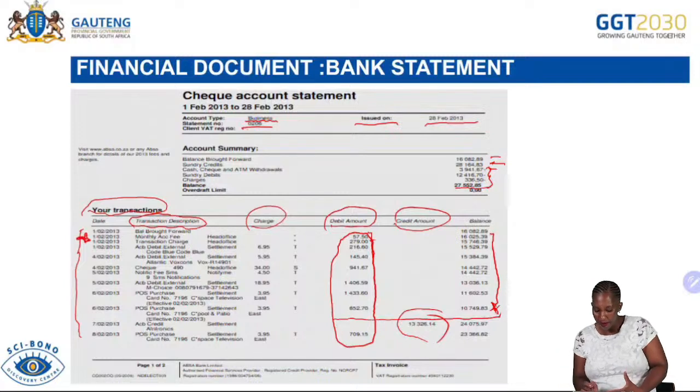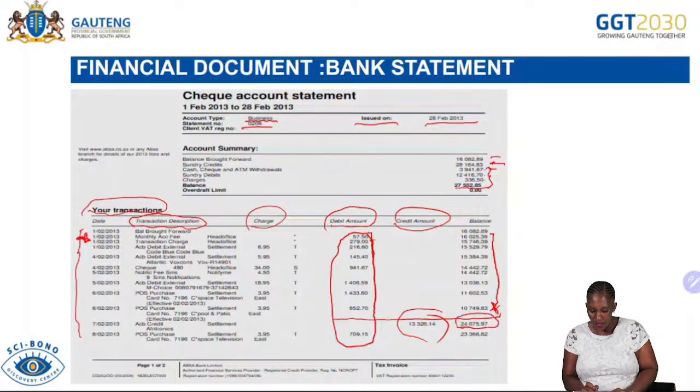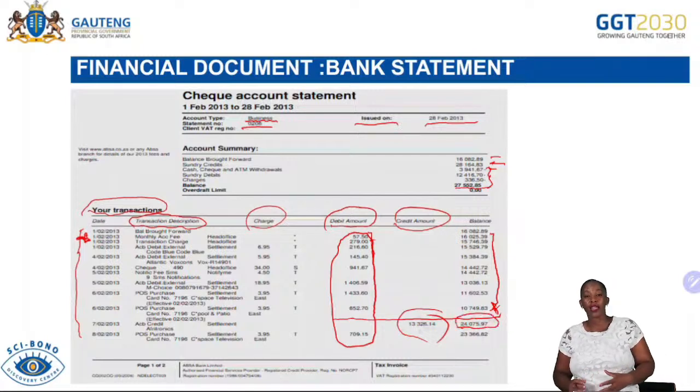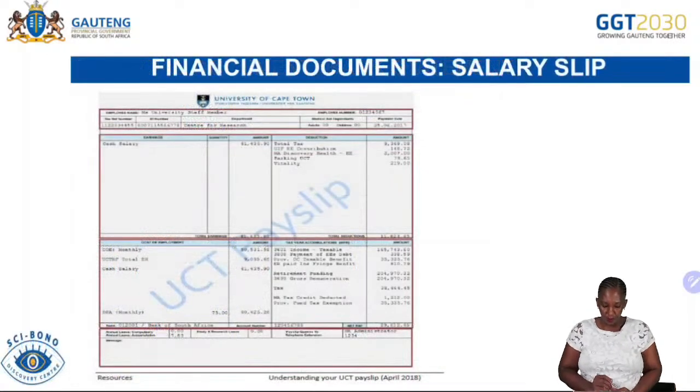Now, as the money is coming into the account, the balance goes up. How much has been deposited into the account? 13,326. Now your balance is what? It is at 24,075 rand 97 cents. So remember, I said the credit is money that is coming into your account, and the debit is money that is going out of your account.